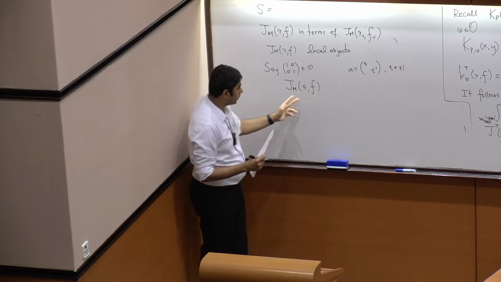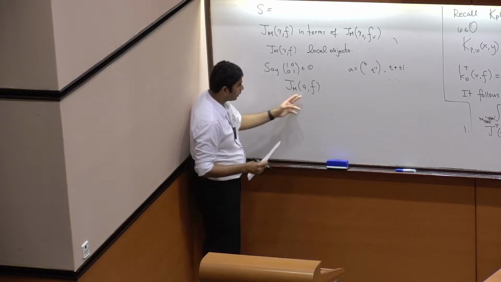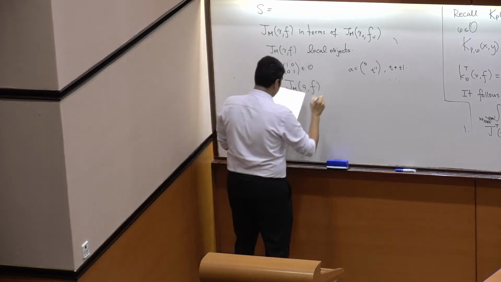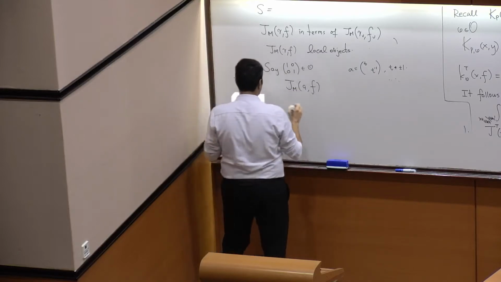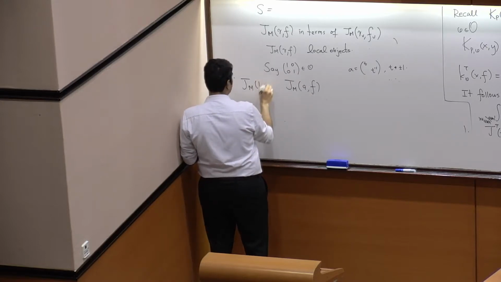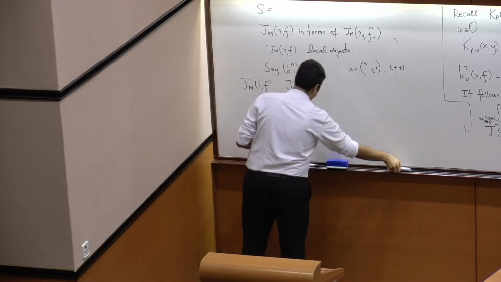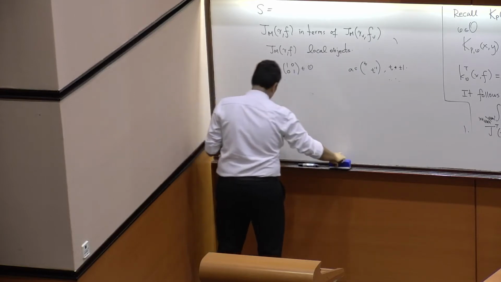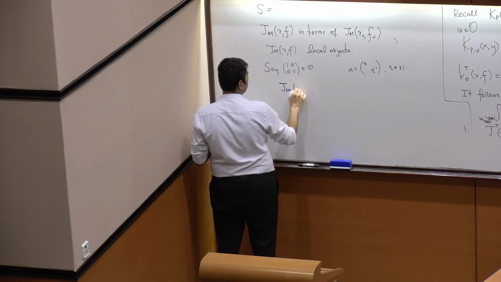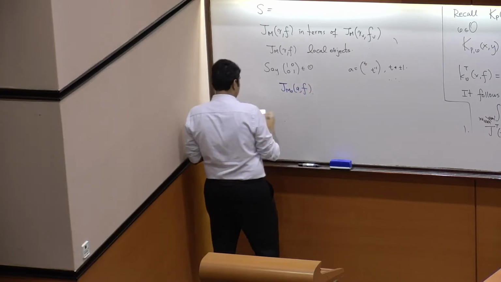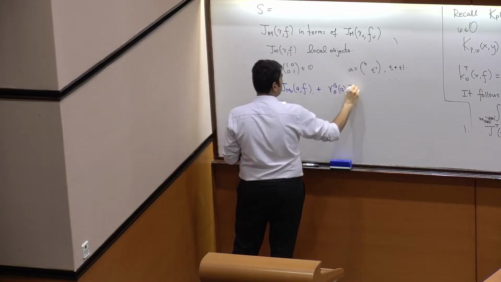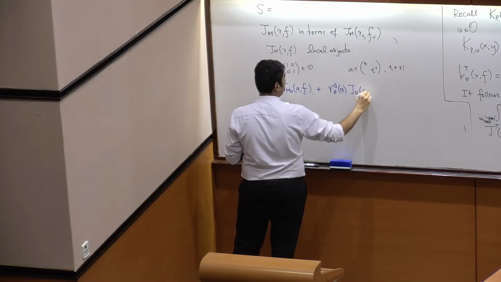And then you want to take the limit as a goes to 1, but the limit does not exist. But if you add a factor, then the limit exists. So what Arthur says is that, in our case of SL2, you have to add a function r_M^L(γ, a) J_L(aγ, f).